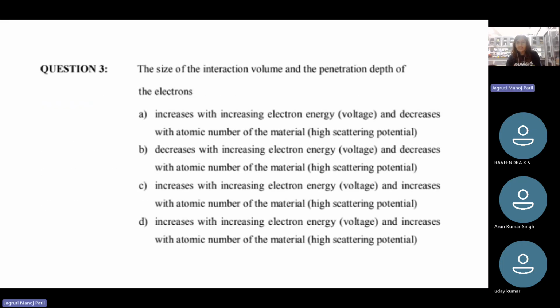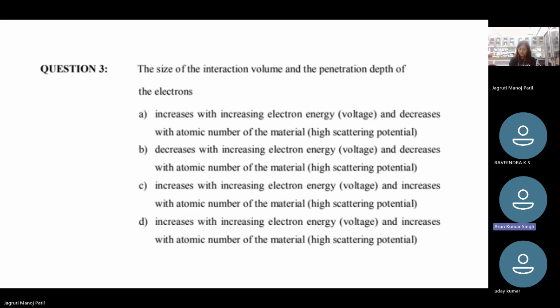Then this question that we just saw: the size of the interaction volume and the penetration depth of the electron will depend on what? There are two things it depends on. First is your energy and next is your atomic number. What happens when energy increases or decreases, based on the size of the interaction volume and the penetration depth?